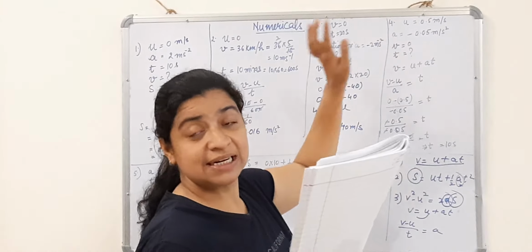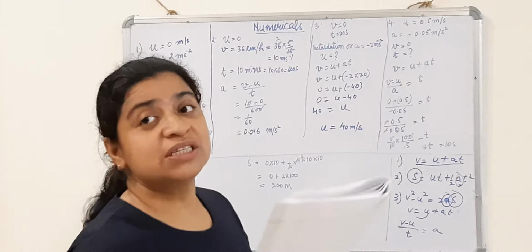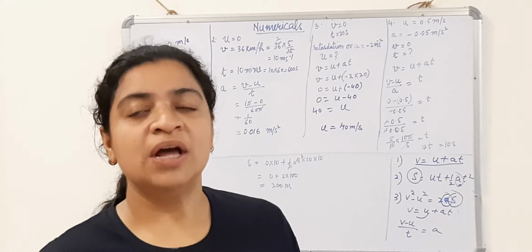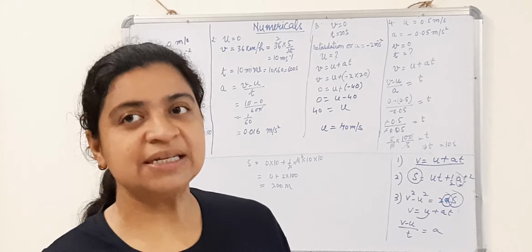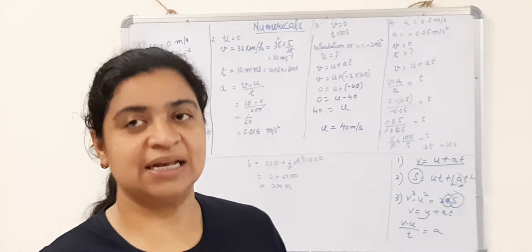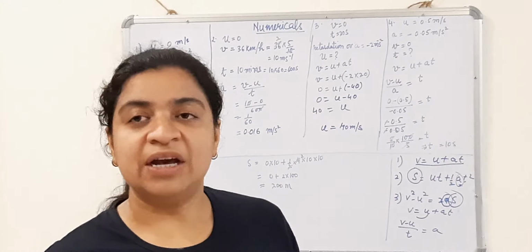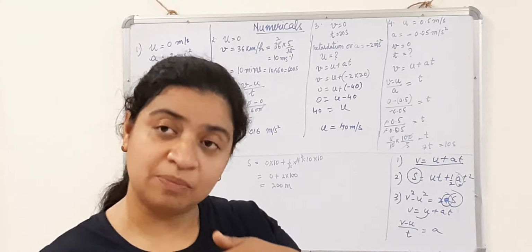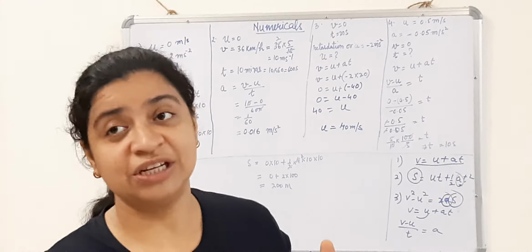In this case, it is clearly mentioned that velocity is decreasing. Just in the previous numerical, I had told you, when there is a decrease in velocity, in that case acceleration we are going to take negative. So the negative we have to put from our side only. It will not be mentioned in the question.